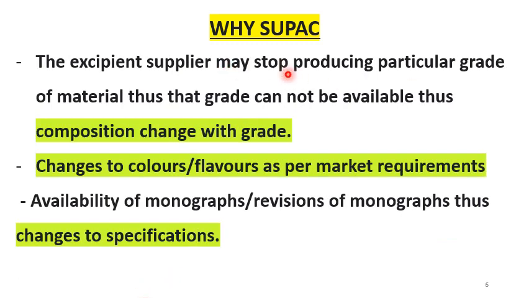Then the excipient supplier may stop producing a particular grade of the material, thus the grade cannot be made available, and so the composition change is done with the grade or another grade. For example, if microcrystalline cellulose is available in a certain particle size grade and the manufacturer stops that manufacturing, or other vendors are not there with a similar grade, then the composition is required to be changed.